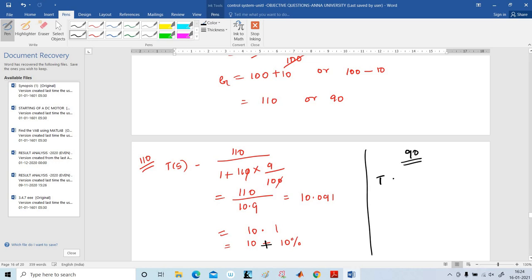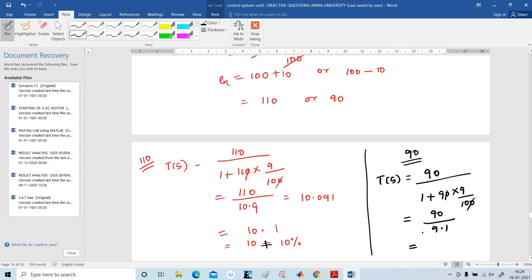And next, in the similar manner, I am going to use 90 as the forward path gain now. So T of S is equal to 90 divided by 1 plus 90 into 9 by 100. Okay, cancel. 9 nines are 81, so 8.1 plus 1, 90 by 9.1. So what is the value of T of S now?